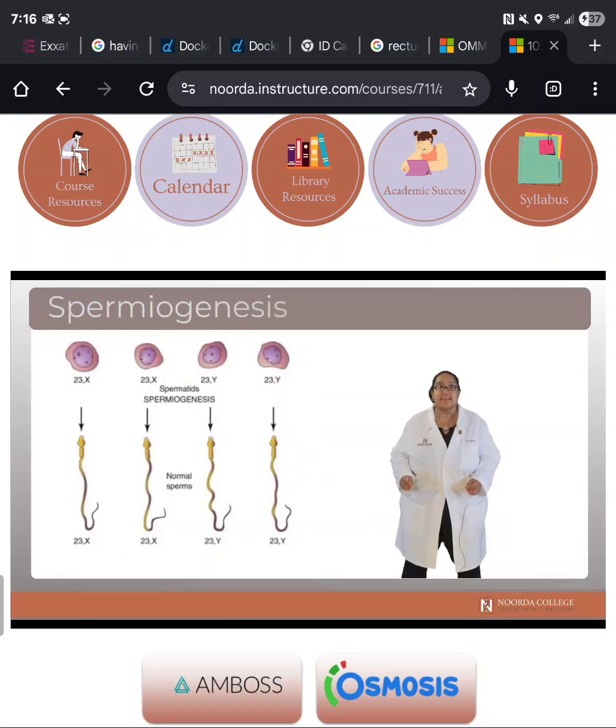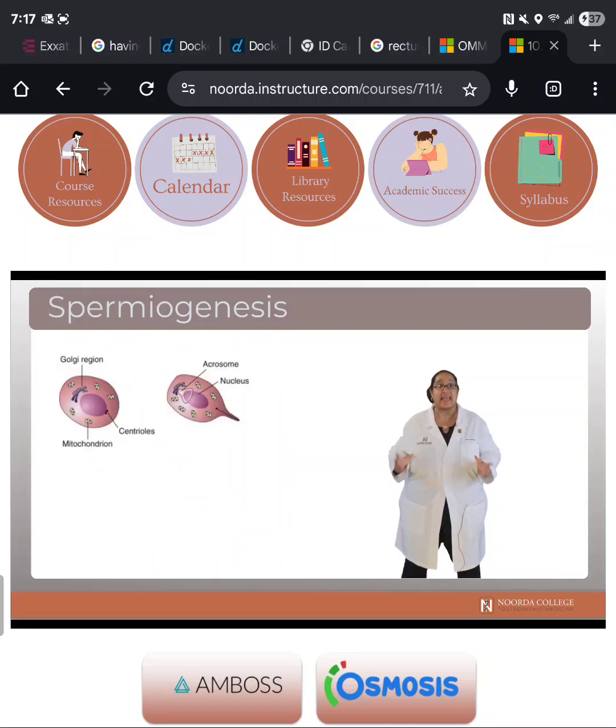The final stage of spermatogenesis, when the spermatids transform into 4 mature sperms, is a process known as spermiogenesis. Now during this metamorphosis, condensed nucleus forms the head of the sperm. The Golgi forms a membrane-bound vesicle, the acrosome, which caps the head.